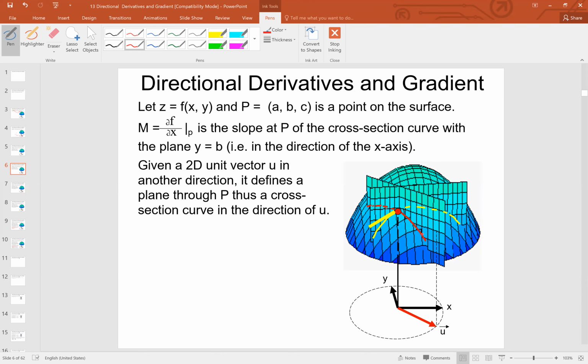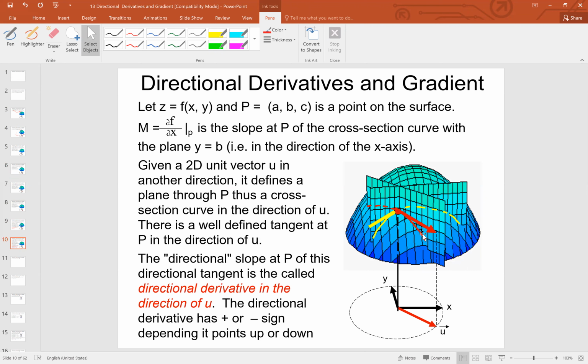It turns out the answer for doing this is very easy. The slope in the compass direction, direction vector u, we call the directional derivative in the direction of u.